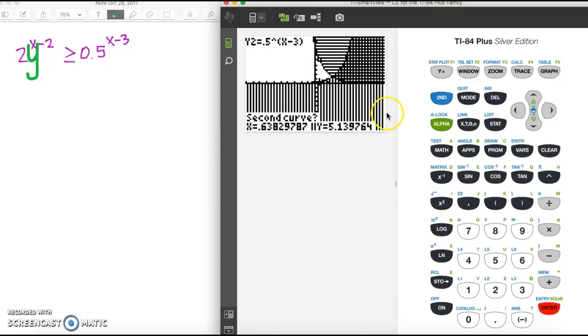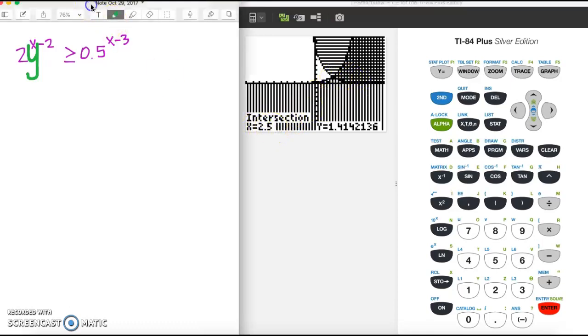Hit enter. Second curve, there's my cursor on the second curve, so hit enter. Guess: I can move this down, about right there. Hit enter again, and it tells us that our intersection happens at 2.5. Let's write that down. The two equations are equal at x equals 2.5.